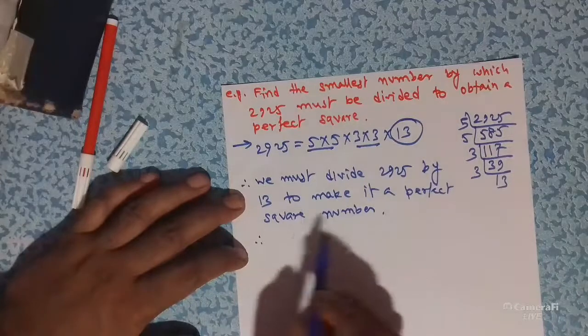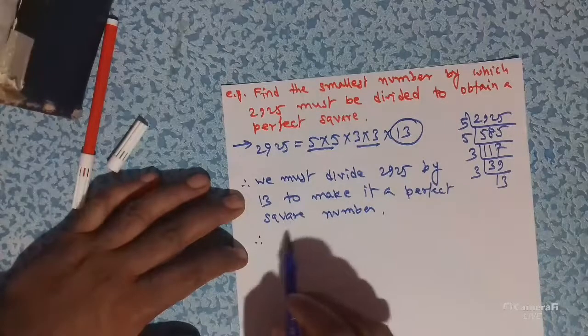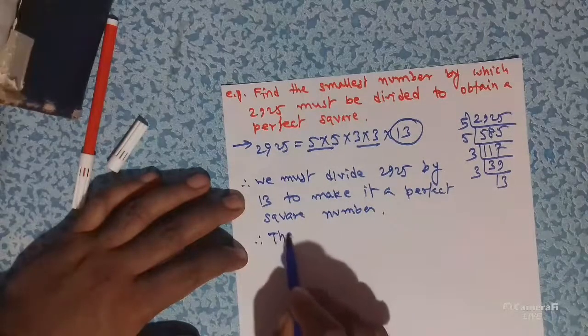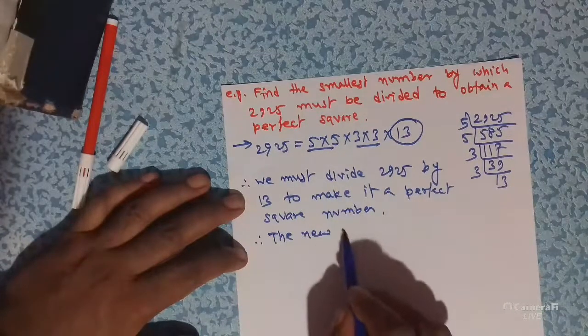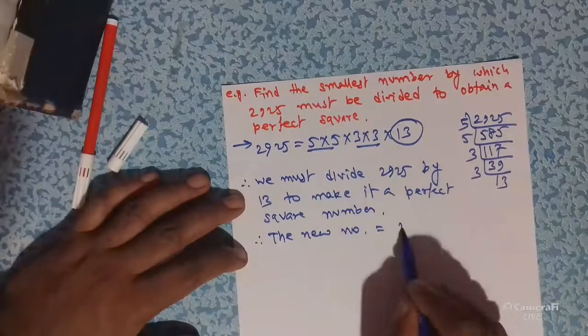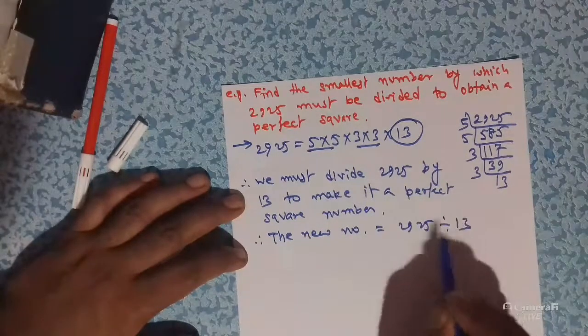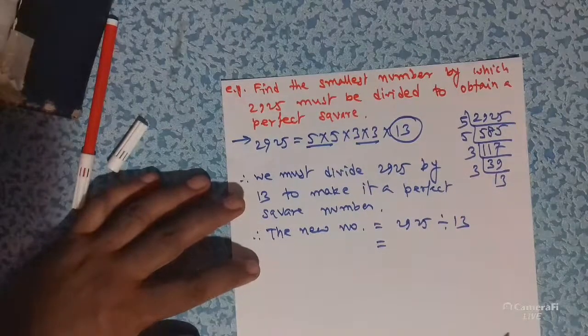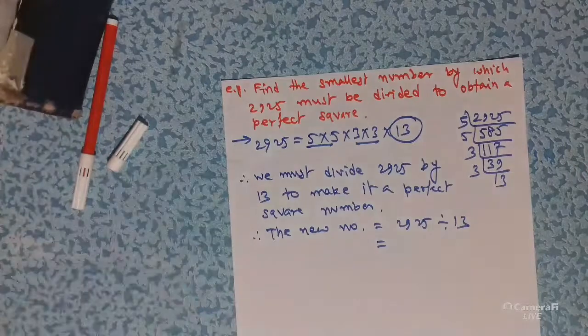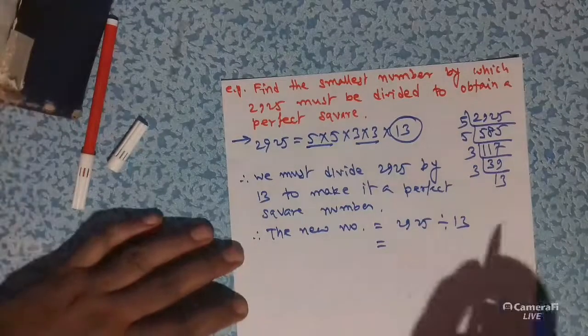Now also you have to find the square root of the new number. Therefore the new number is equal to, you must divide it by 13. So if we divide it by 13, we will get 225.